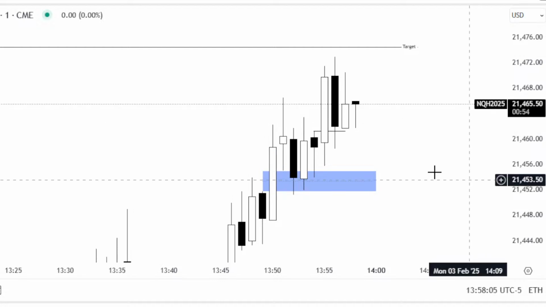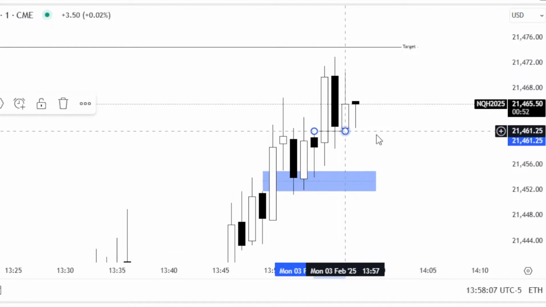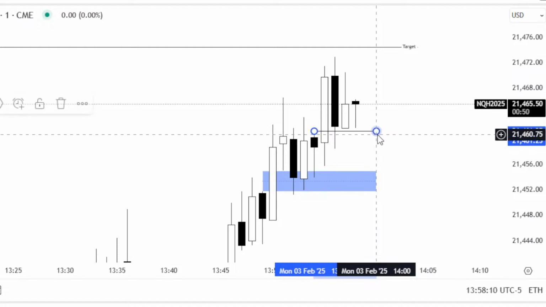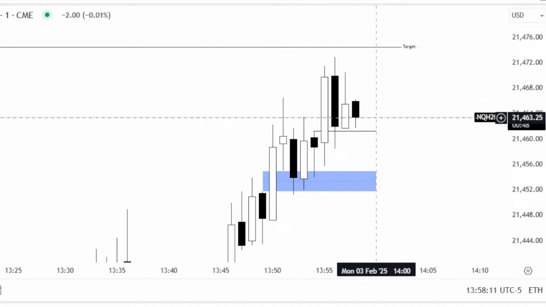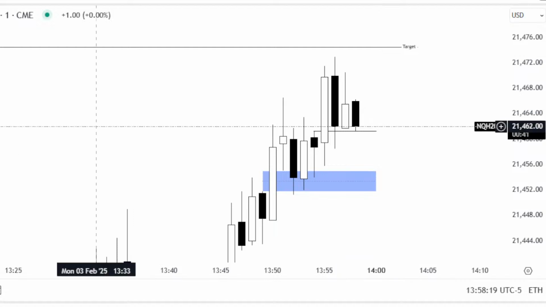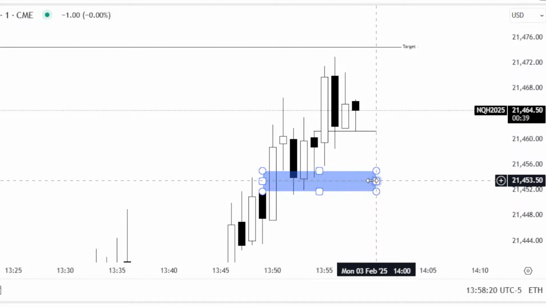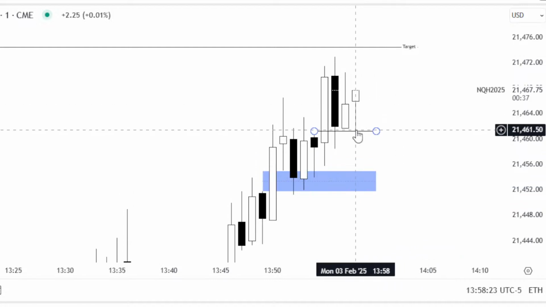Right, so let's see. So far it's holding price, but it's also not moving. Could see some sort of a pullback into this fair value gap again. Another test on that wick.